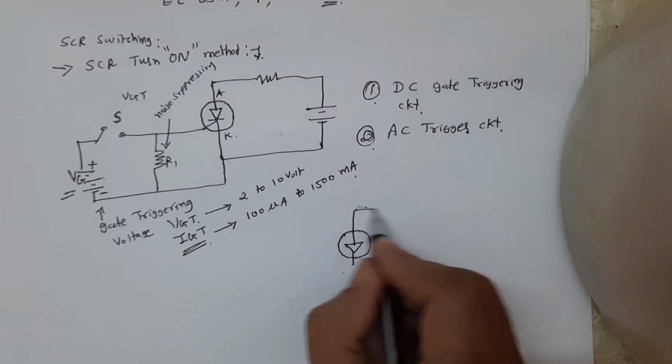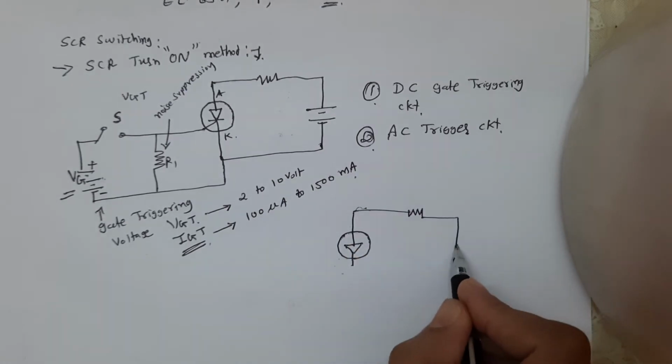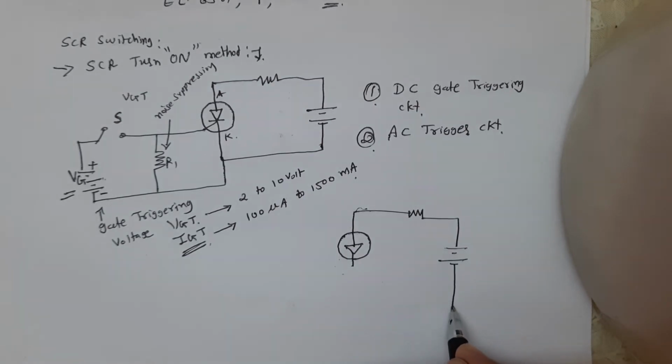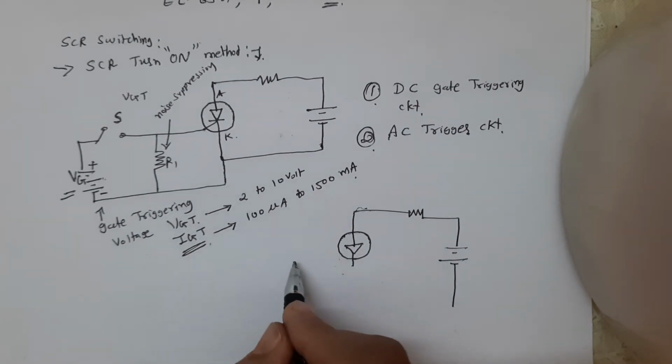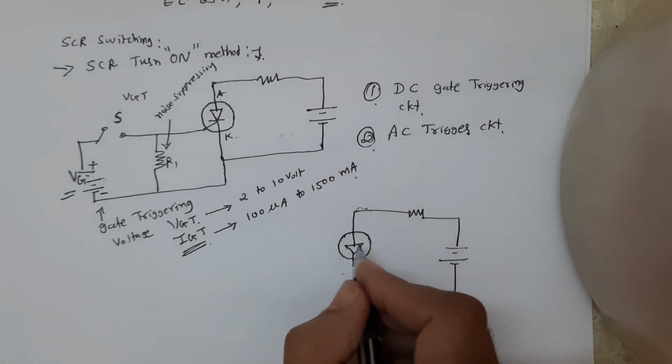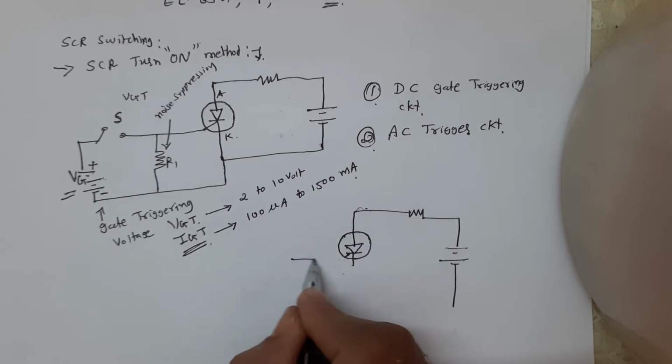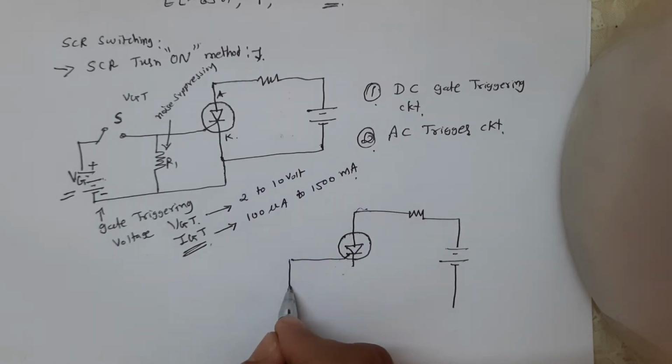Anode is connected to RL, then connected to the positive negative DC supply, and this is your gate, and this gate is connected to, instead of DC, we are connecting here AC.